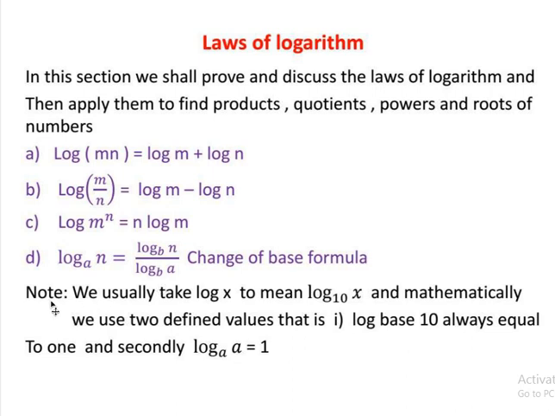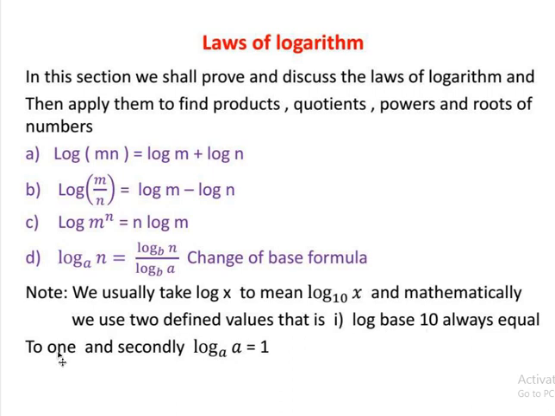For your understanding, note that when we usually take logarithm of x, it means we take logarithm of base 10 of x, and mathematically we use two defined values. The first one in this chapter is that logarithm of base 10 of 10 is always equal to 1. That's why we write logarithm base 10 as equal to 1 to simplify the values of logarithm.